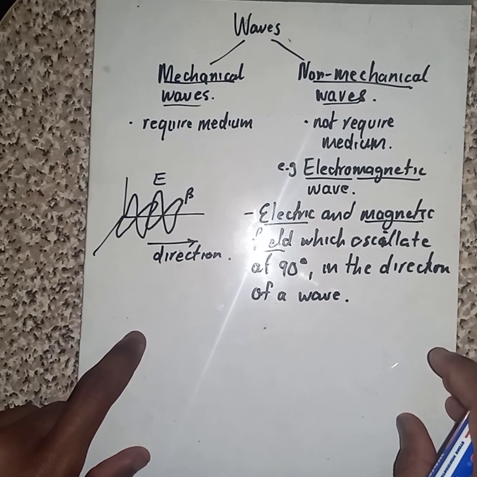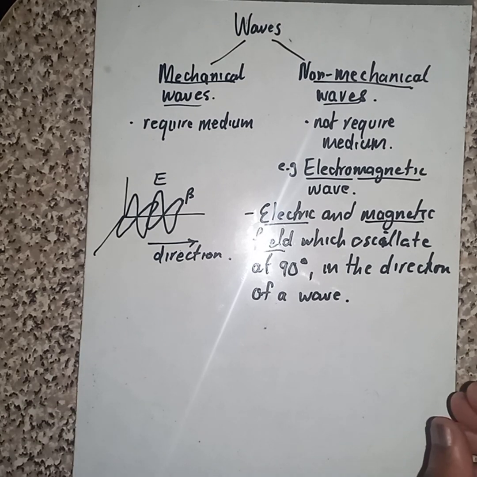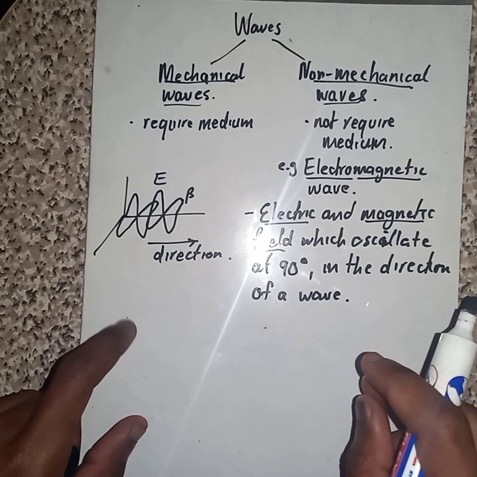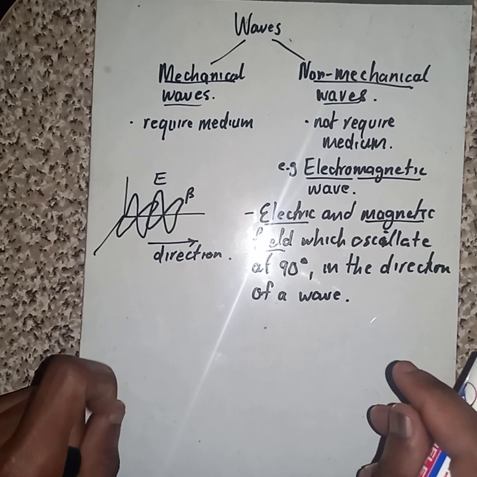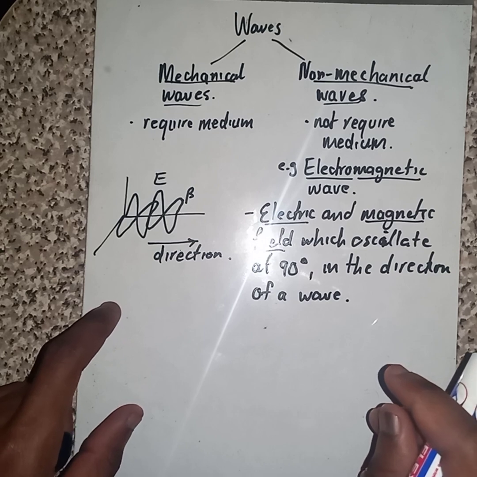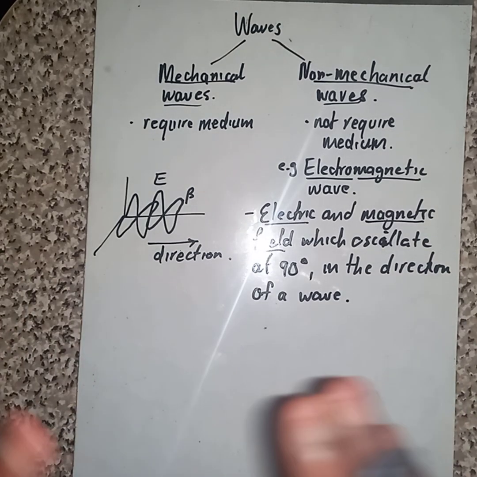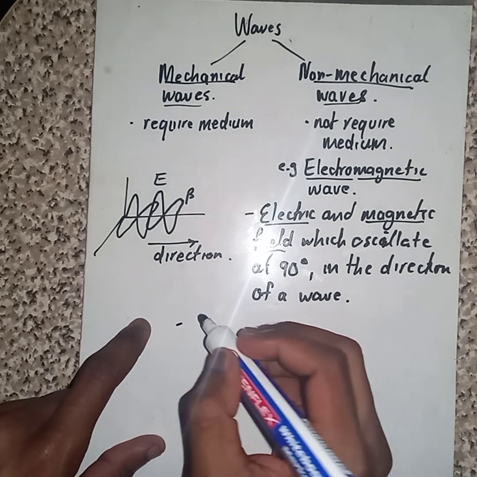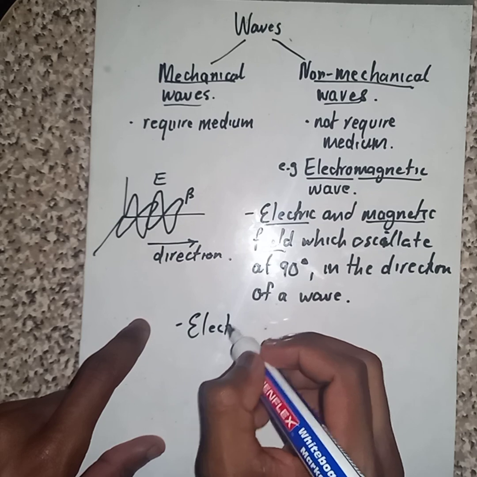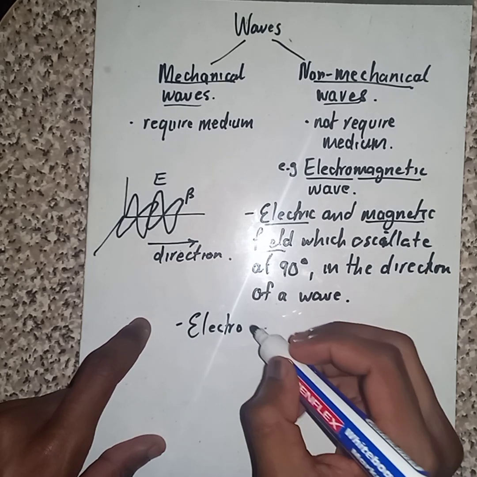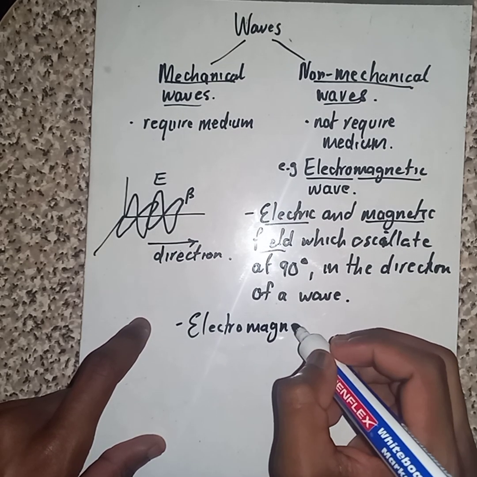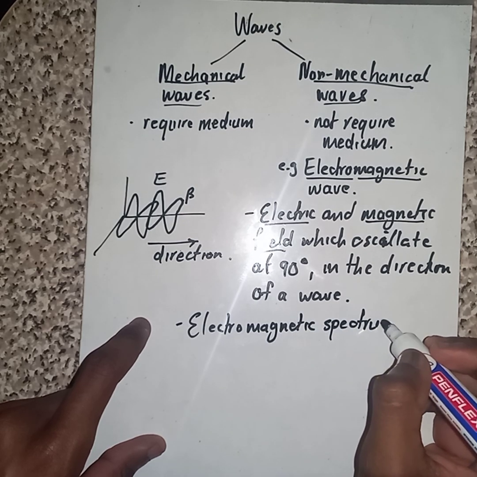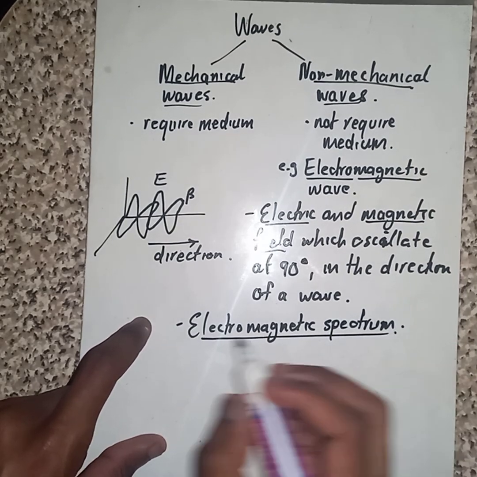We have 7 types of electromagnetic spectrums, if I'm not mistaken. We say the electromagnetic waves can be divided or grouped into the electromagnetic spectrum. The word electromagnetic spectrum has to do with what?